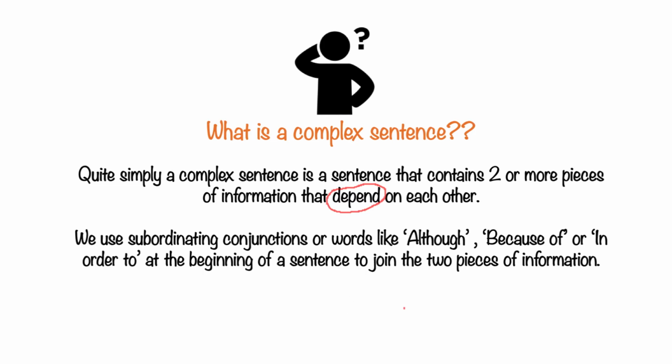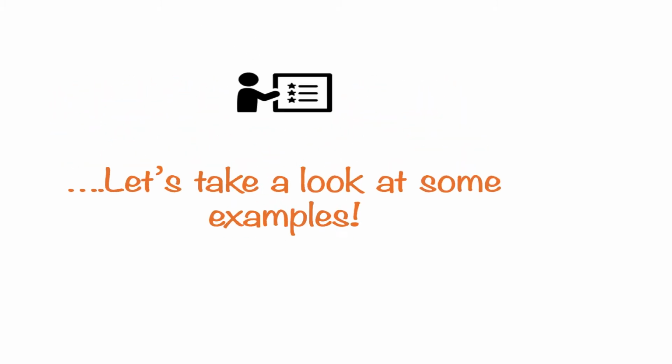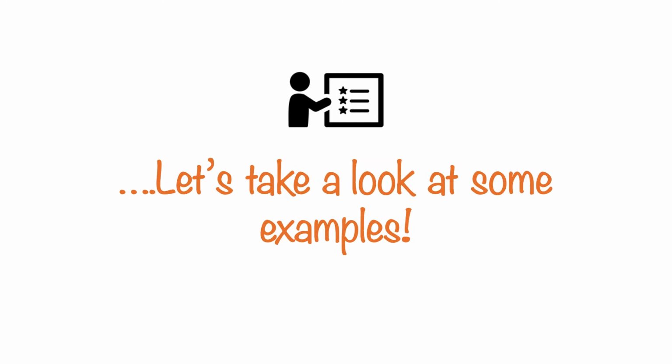To make a complex sentence, we use subordinating conjunctions, or just words like although, because of, or in order to, usually at the beginning of a sentence to join the 2 pieces of information. Let's take a look at some examples.